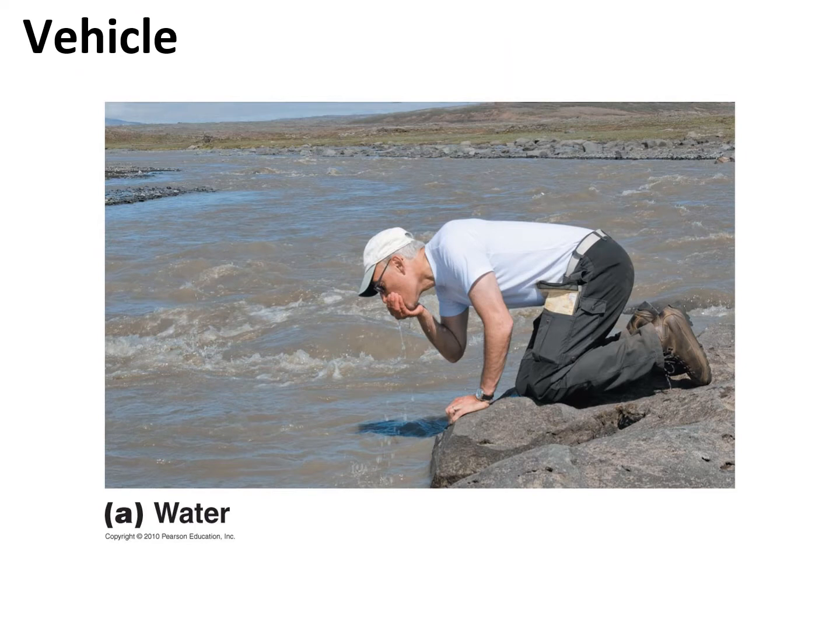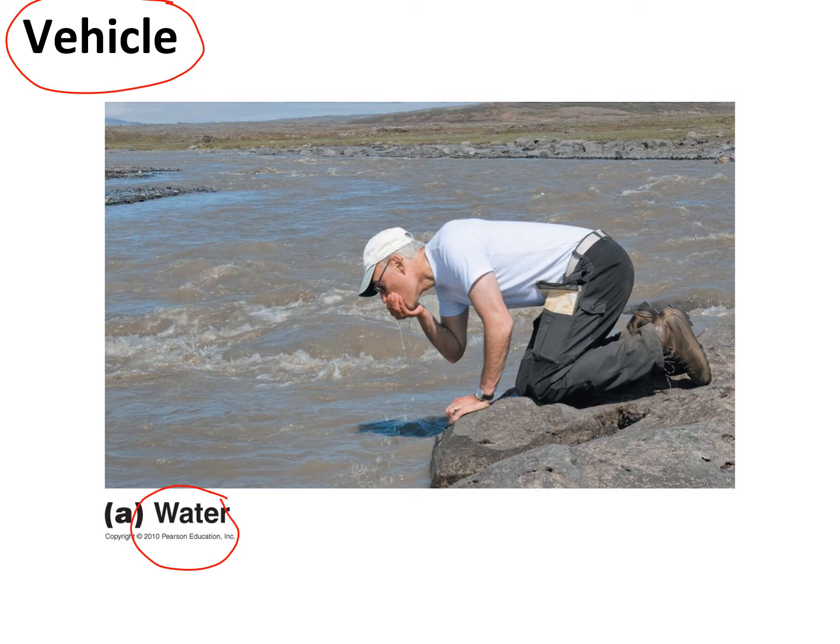Next is vehicle transmission. Now, a vehicle is a medium that transmits the microbe from the reservoir to the individual. And there are several different types of vehicle transmission. The first type of vehicle transmission is water.